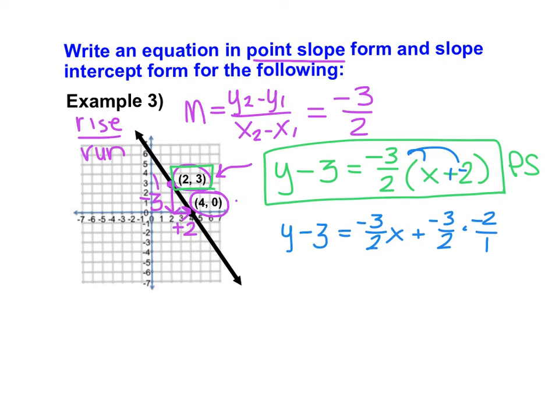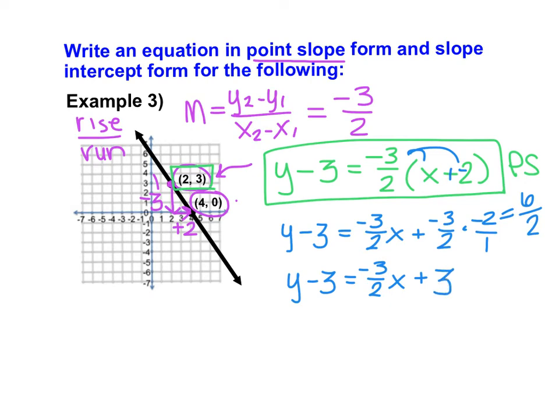So if I multiply that out, I get y minus 3 is equal to negative 3 over 2x plus, this becomes, negative times a negative is a positive, 3 times 2 is 6 over 2, which becomes a positive 3.